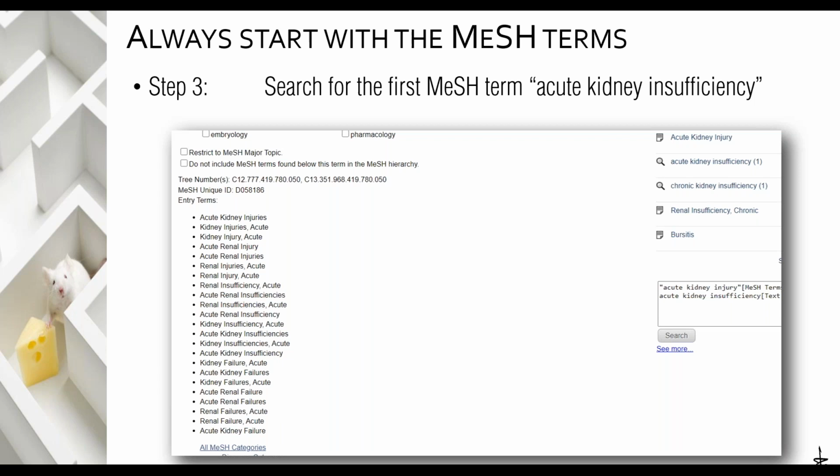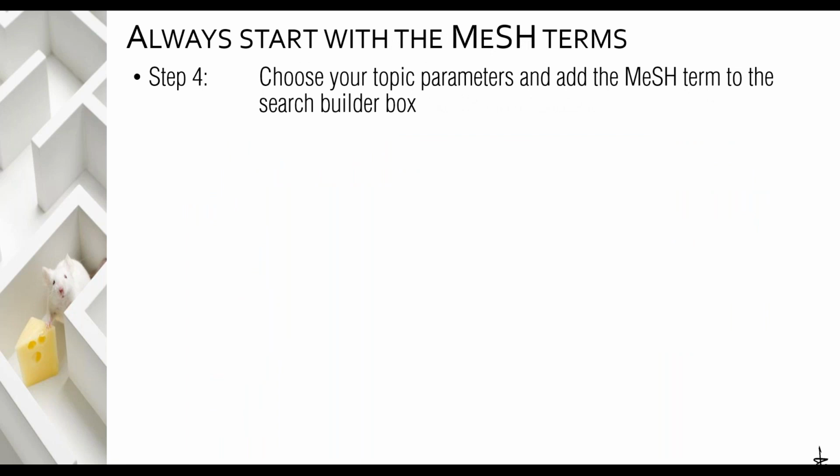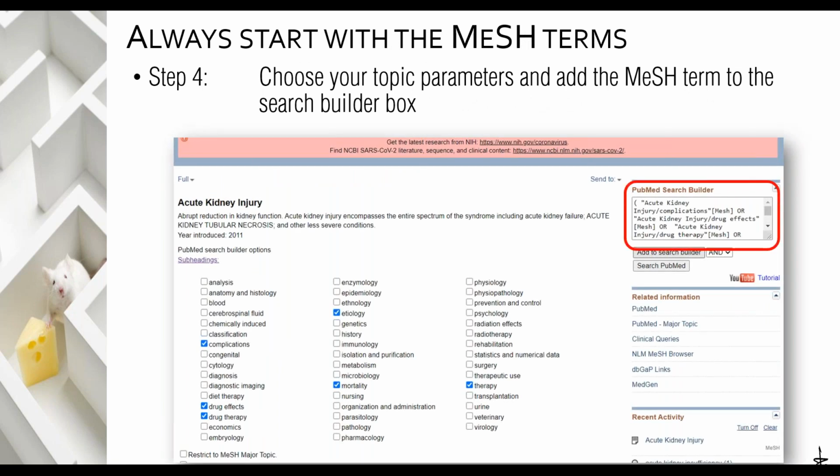All of these different combinations are included just simply by putting any one of them. So that's the idea of the MeSH, and that's why this made it so much easier for us to search. Instead of putting in all the different combinations, you just choose one, and the database gets all the combinations for you and puts them all in one go.